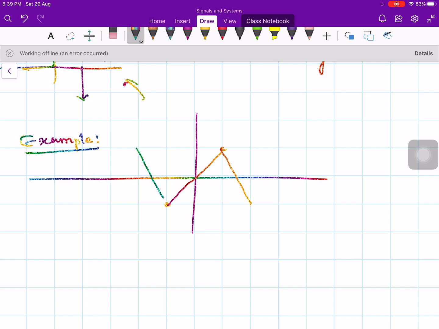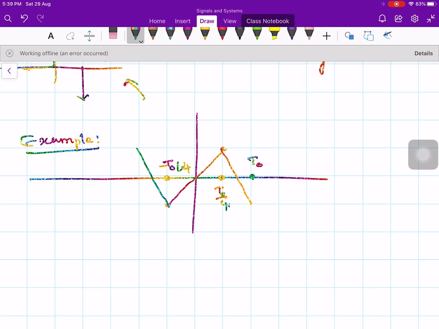This point is minus T naught by 4, this point is plus T naught by 4, and this point is T naught by 2. The zero crossing point is... this waveform is not in the proper way, I didn't draw it properly.